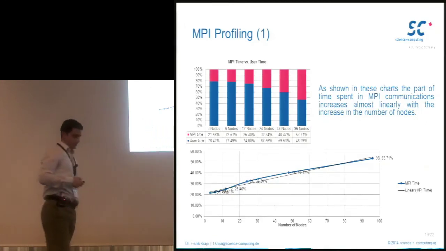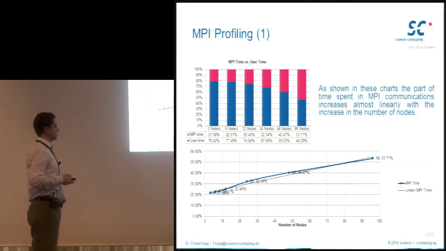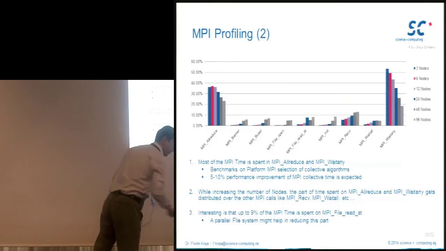We did also some MPI profiling. I think this is something to be expected: the MPI time increases almost linearly with the number of nodes that we use. So that's very normal.